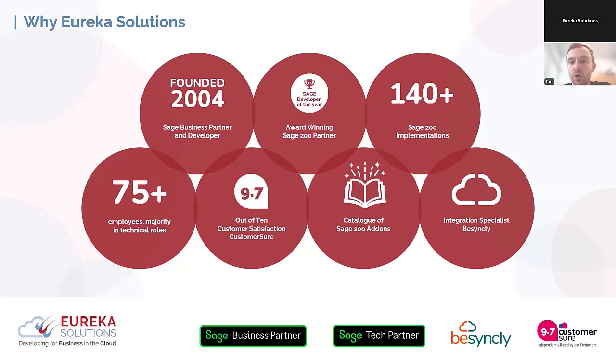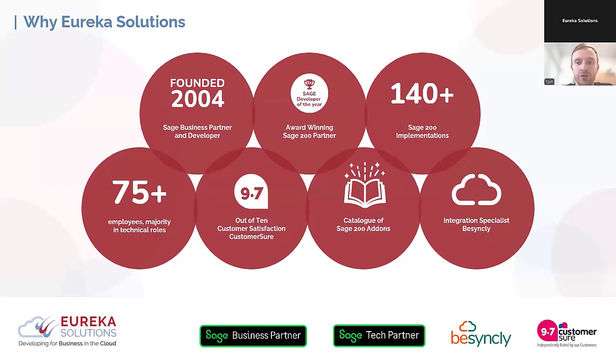We also do the ongoing support of the system. So we would take you through the whole process of selecting Sage 200, going through the kind of pre-sale demonstration, scoping, making sure that it fits your requirements and it fits exactly what you need the system to do.